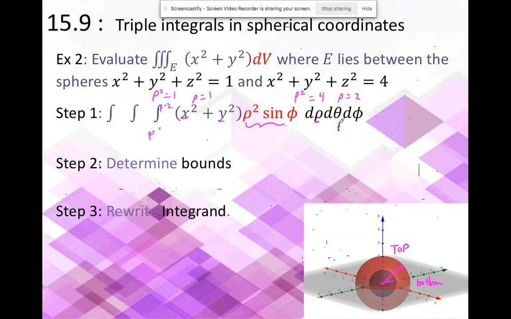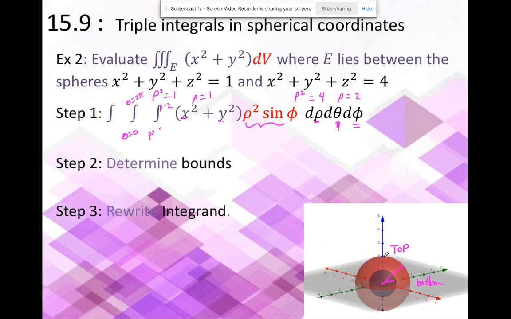Now what about theta? Theta is measured from the positive x. How am I going to get the entire sphere? Where am I going to rotate? And what about phi?